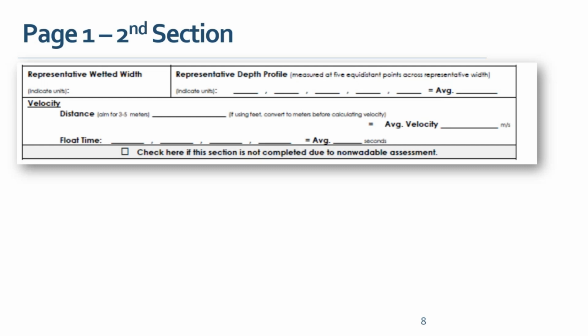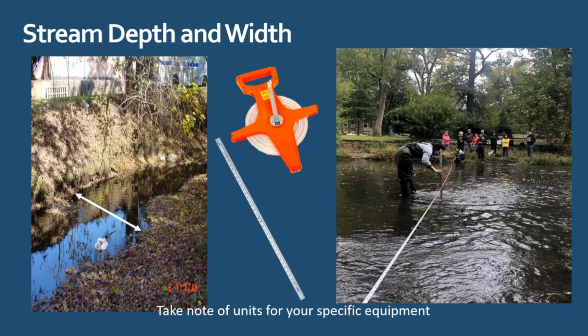Along that width, you will also take 5 measurements of the depth. And I will kind of demonstrate what that would look like. So the width is the width of the actual water. So that's the picture on the left.